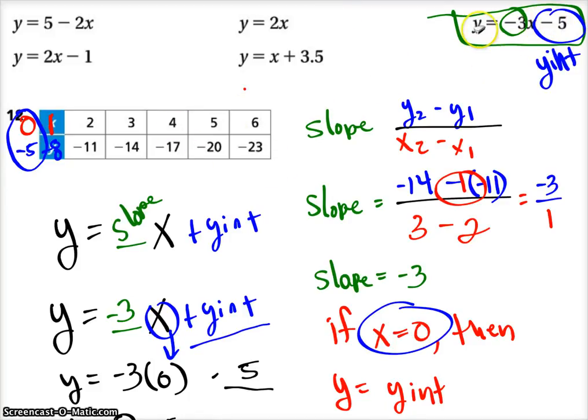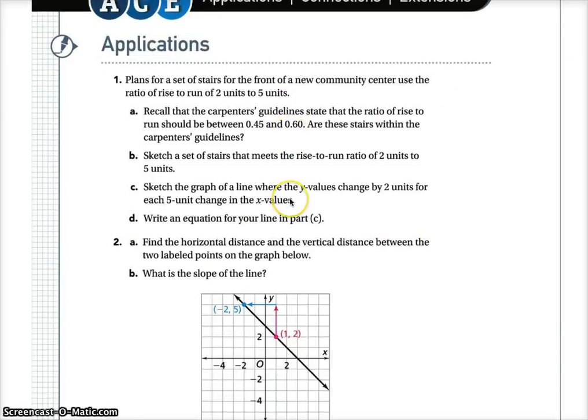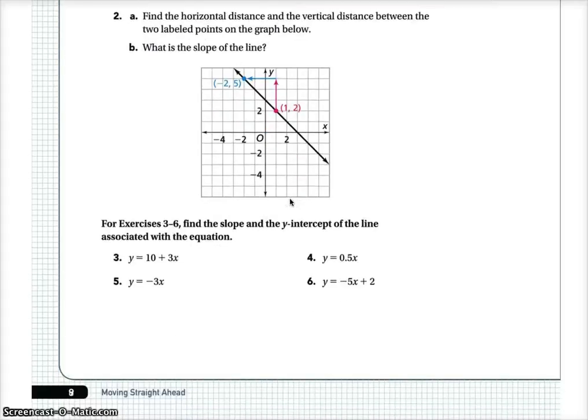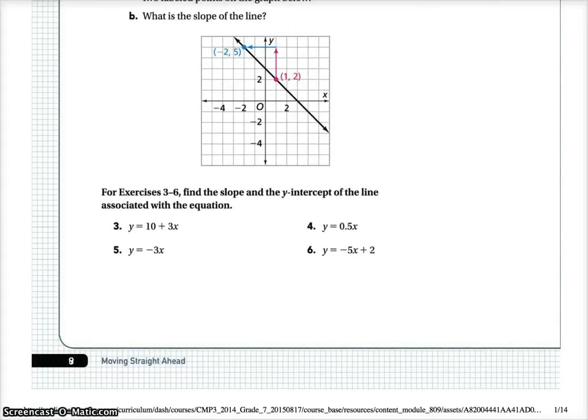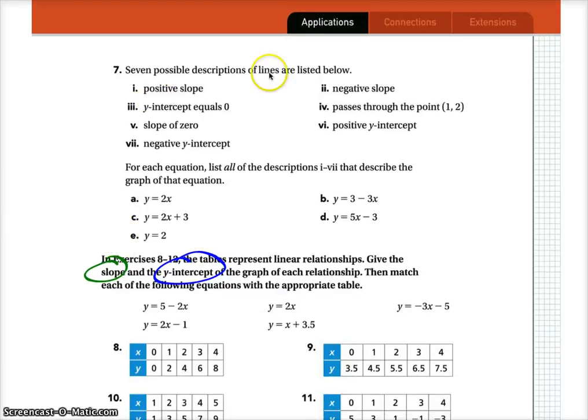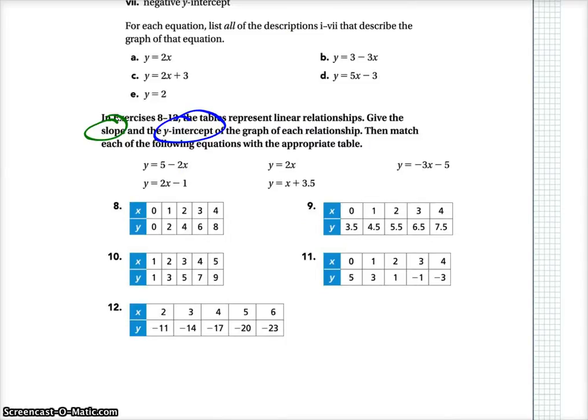Okay, so this is how we do it with a table. Here's our equation with our slope being the number in front of our x value and our y-intercept being our constant. Alright, so homework is here, 1 through 11 odd, and all the way down here.